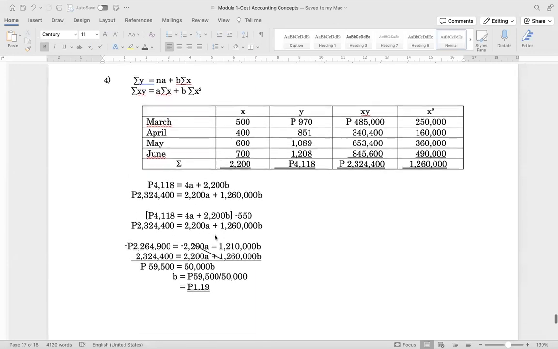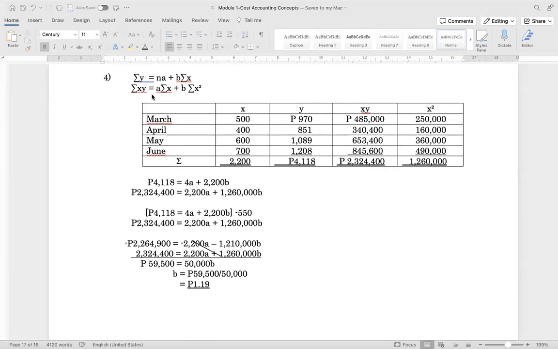Now, applying the least squares regression, the equations are ΣY = na + bΣX and ΣXY = aΣX + bΣX². Step 1, sum up your X. You have 4 samples, and the summation of X is 2,200.